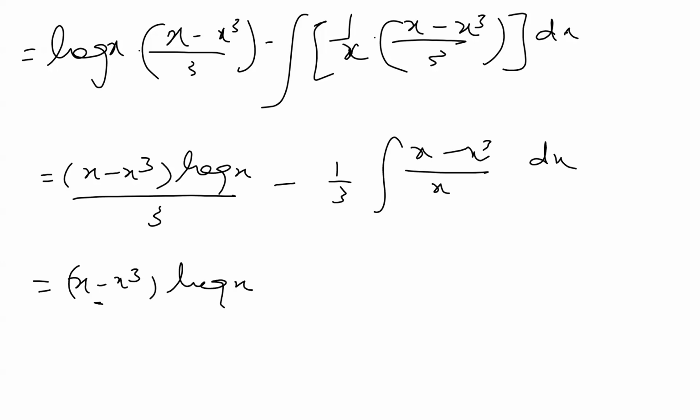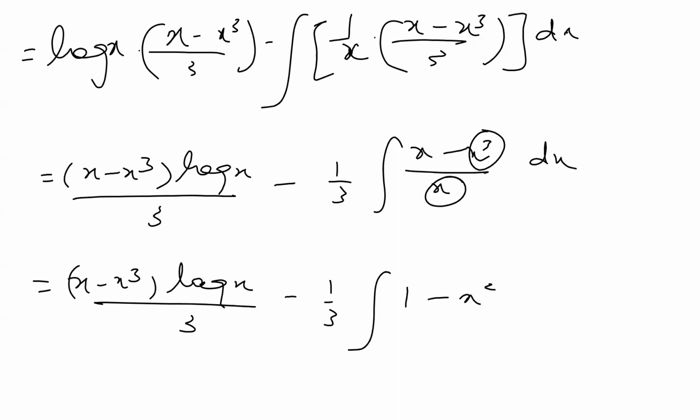Now x upon x is 1 and x cube upon x is x square. Now again, this is an individual integration that you do within the box bracket.